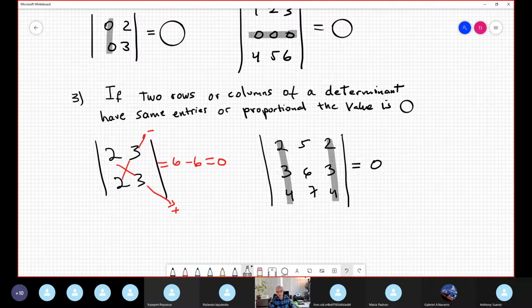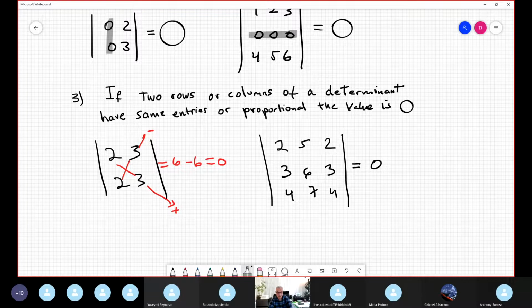But what is the reason? Why? I need to compute to verify. It's always possible. Yes. Okay, one way to understand that this property is true, that when you have 2 columns or 2 rows the same the determinant is equal to 0, is by contradiction. We prove by contradiction.